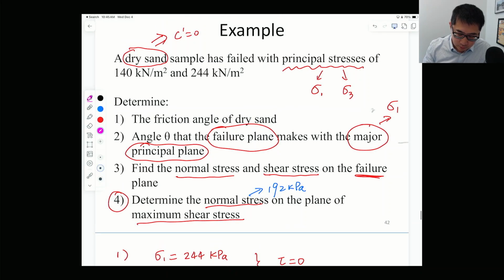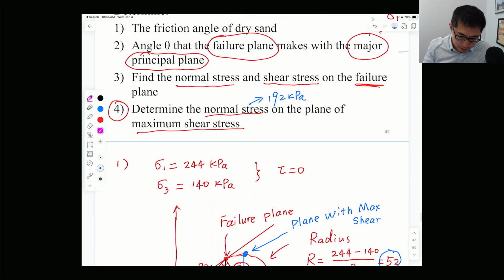So first of all, whenever you see the principal stresses over here, you know exactly that we have a sigma 1 and sigma 3. And remember, on the major or minor principal stress plane, you're looking at a shear stress of 0.